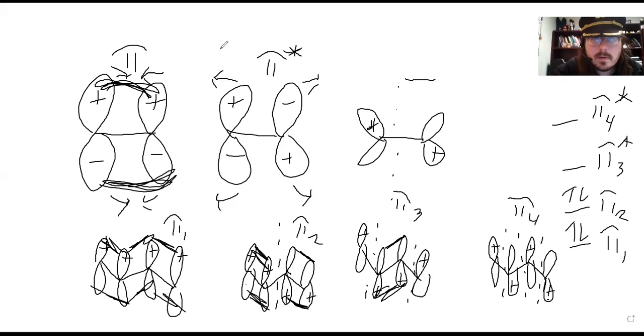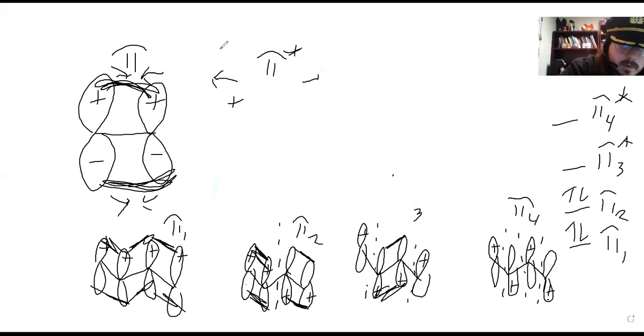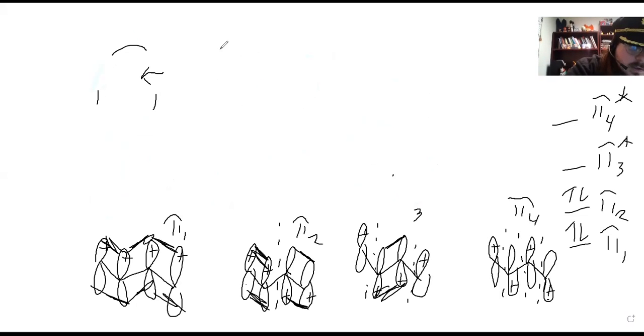Okay, let me erase some stuff so we can look at some of this. We actually see in the structure that you could have a cis versus trans butadiene.